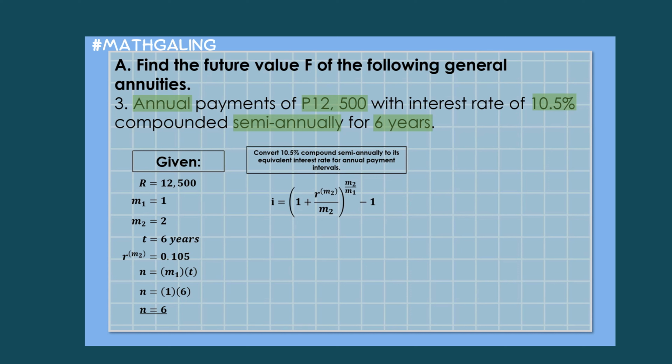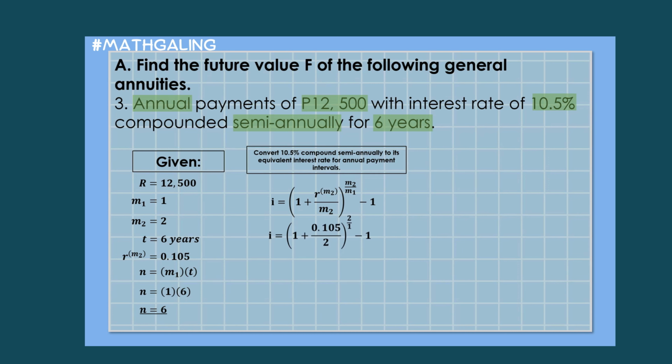So here's the formula of i. 1 plus r over M sub 2, raised to the power of M sub 2 over M sub 1, minus 1. And we are going to convert it using our given.